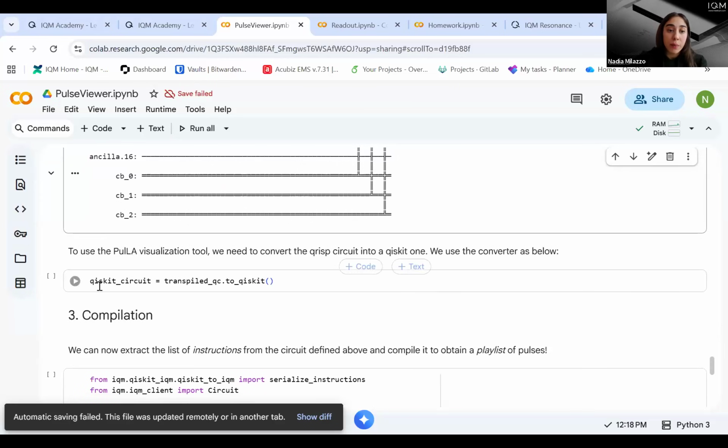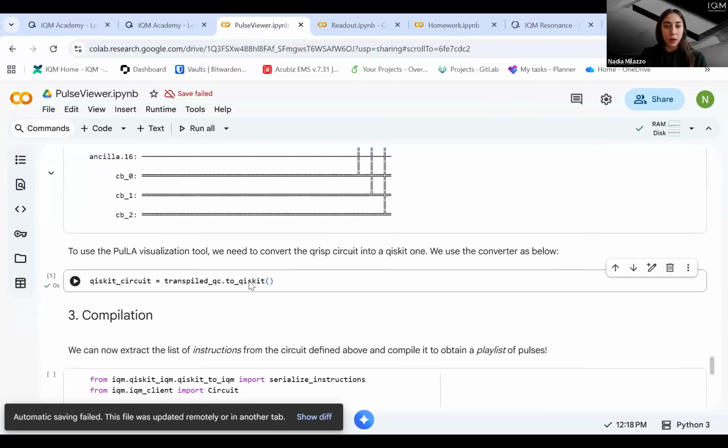Okay, and this step, we still need to convert to Qiskit, because the Pula visualization tool actually understands the instructions in Qiskit. So you can do this. It's available in CRISP with this toQiskit function, which is only 1 line.